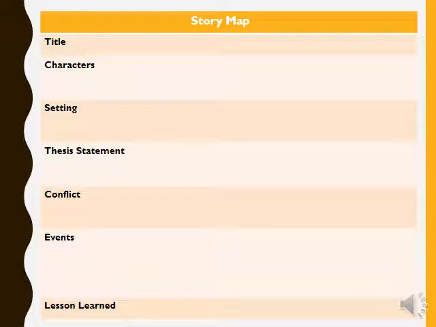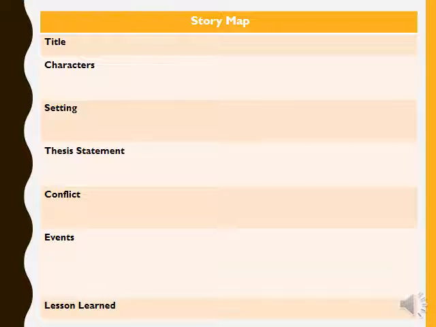Usually in narrative essays also, we fill in a story map before we develop our essay. Remember, in the expository writing, we used to write an outline before developing our essays. Now in the narrative essays, we fill in a story map.